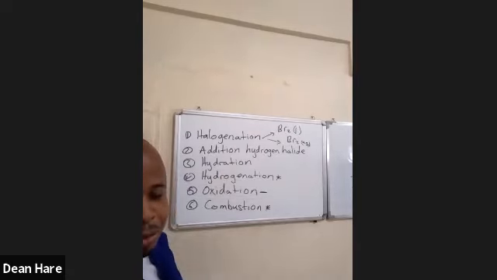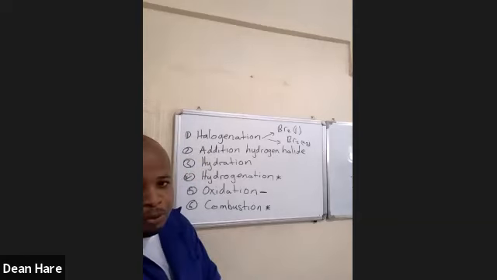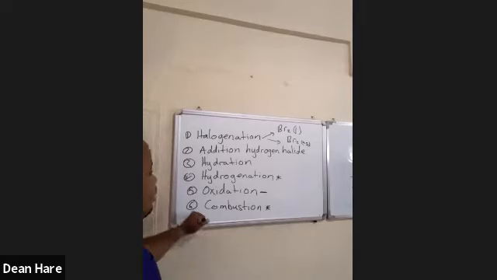When we get to the questions, we are going to put in the reagents. All of these reactions, we are going to do in the past papers. At that point, we will put the reagents and conditions.